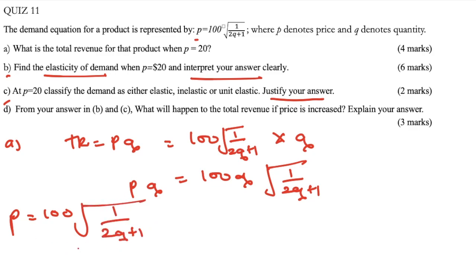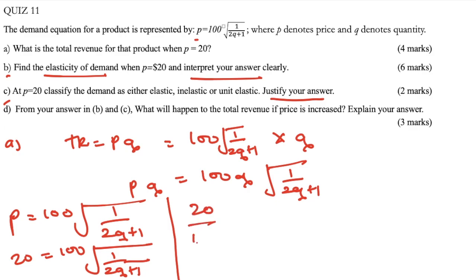We rearrange the equation first in order to get the Q, or we can just simply put 20 here as price, 100, and then 1 over 2Q plus 1. And then you rearrange it. So when you rearrange it, okay, I write it here. Okay, so 20 over 100. Because we want to find Q first, then we can put it back into the total revenue function that we have created earlier. Okay, so 20 over 100 equals square root of 1 over 2Q plus 1. And then continue further.